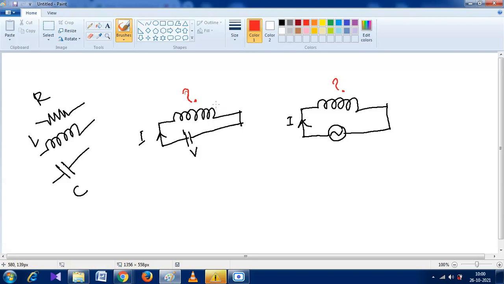is there any magnetic field created on that coil in both cases?